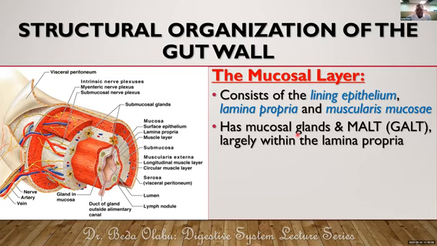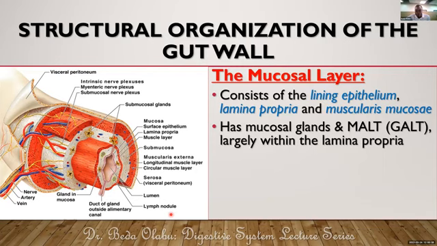Other than mucosal glands, the mucosa, and largely still within the lamina propria, contains what we call MALT. MALT stands for mucosa-associated lymphatic tissue. This mucosa-associated lymphatic tissue can either be diffuse, which means that they're not well circumscribed, in which case we call them diffuse lymphatic tissue, or they could be well circumscribed, although they don't have a capsule, in which case we call them lymphatic nodules.